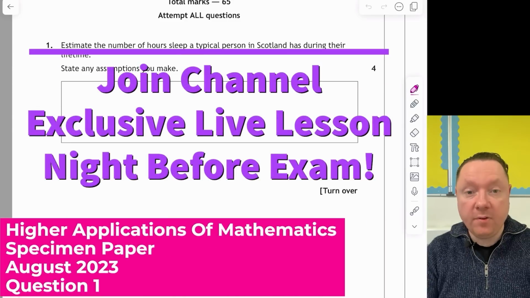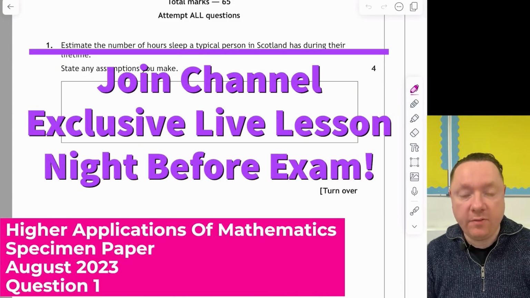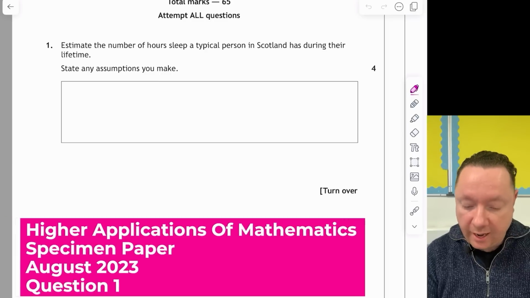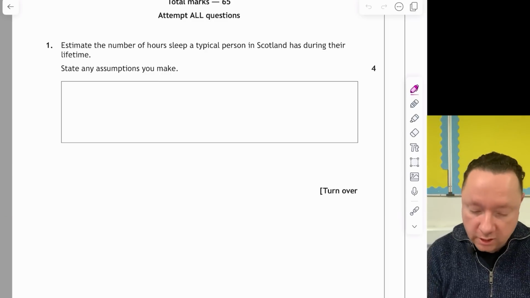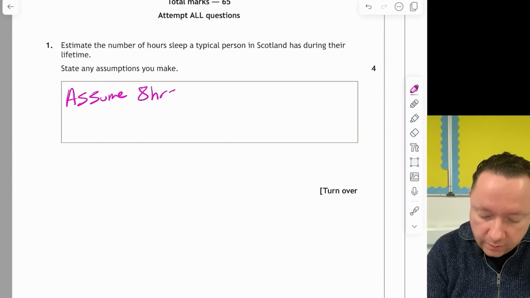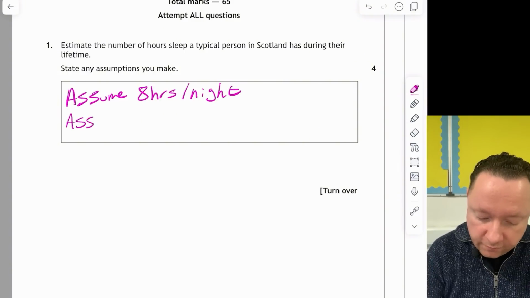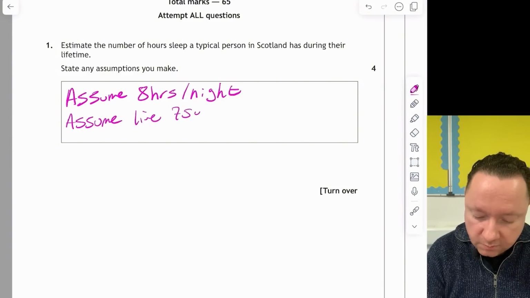Question 1. Estimate the number of hours sleep a typical person in Scotland has during their lifetime. So this is a Fermi estimate. So I need to assume how many hours sleep. So I write assume. Let's just go for the standard 8 hours per night or day. And we're going to need to assume how long they live. So assume they live 75 years, seems reasonable.